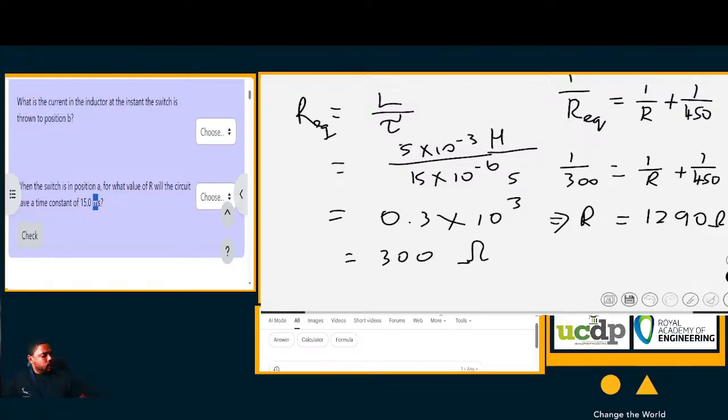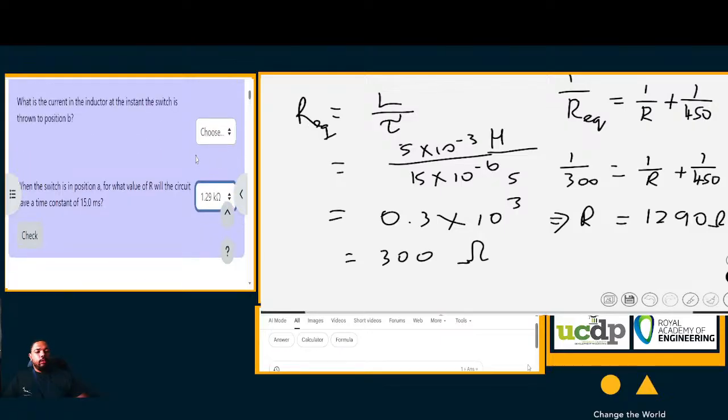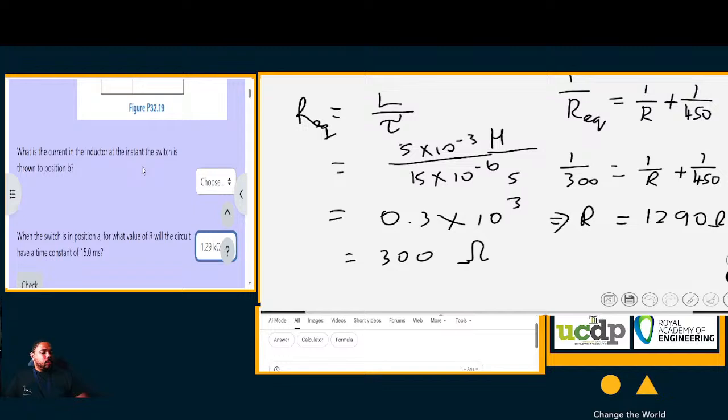Okay, that is what R is. And let's go check if that is indeed the case. Okay, this problem only gets the correct answer, this 1.29 kilo ohm, which is 1290 ohm, if and only if the time constant is in microseconds, not in milliseconds.